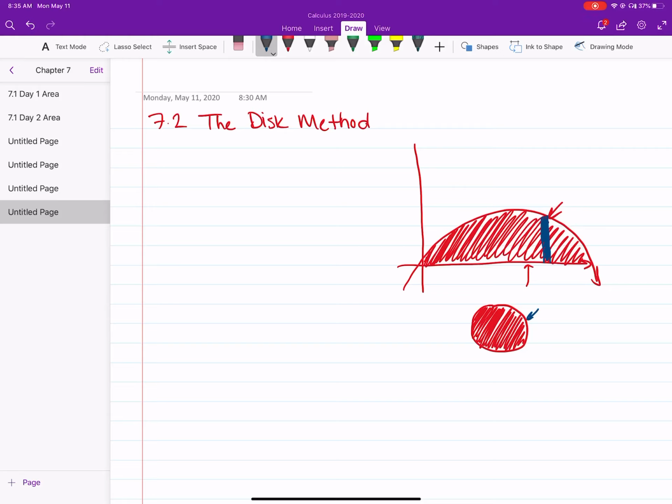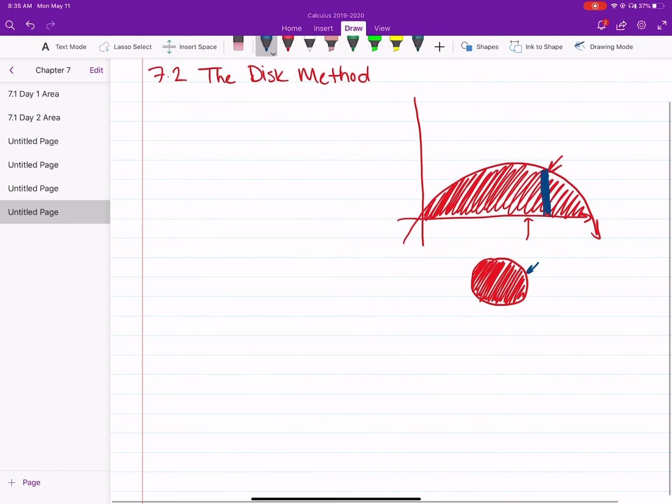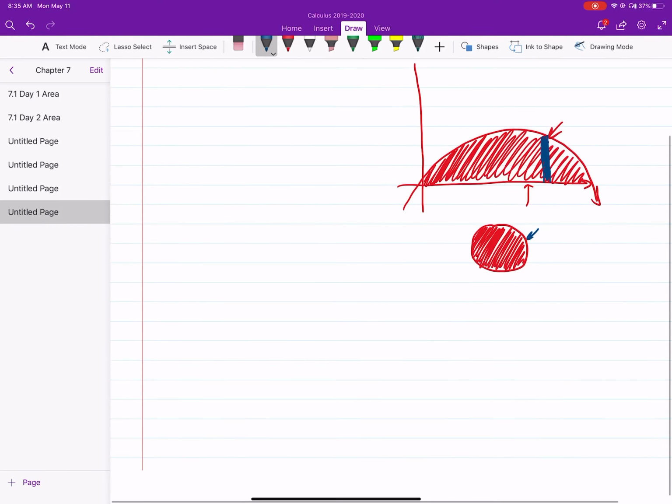If we add all those disks together, that'll give us the total volume of our 3D object. We use calculus, kind of like the limits idea. Our little slices will only be approximate, but when we use calculus and antiderivatives, we can get the exact answer. So that's what we're working with.